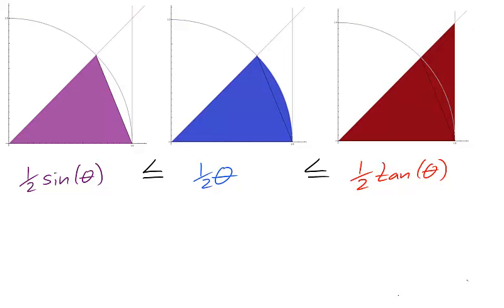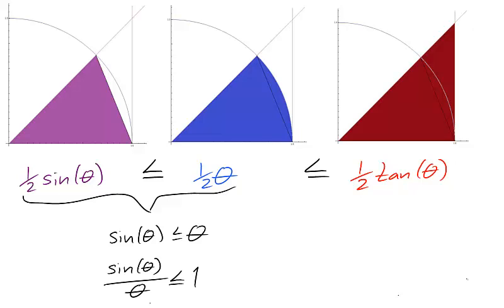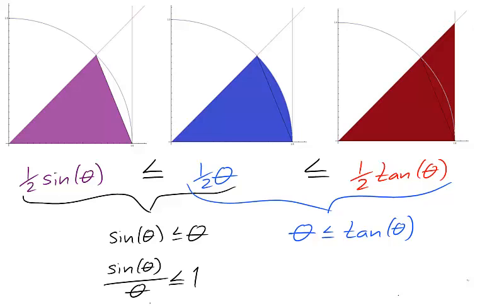So from the circle, we have found three shapes of increasing area, and from these areas, we have found a string of two inequalities. From the first inequality, if we multiply by 2, we have sine theta is less than theta. And since theta was chosen not to be 0, we can divide by theta to find that sine theta over theta is less than or equal to 1. From our second inequality, we can multiply by 2 to find that theta is less than or equal to tangent of theta.